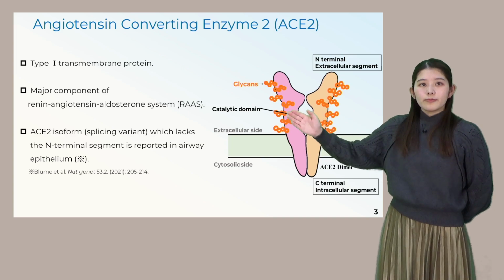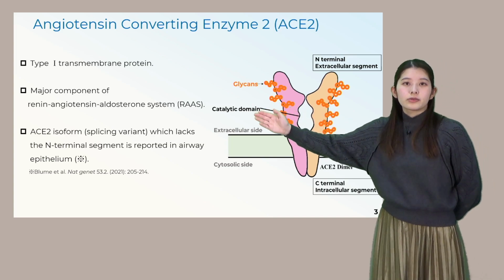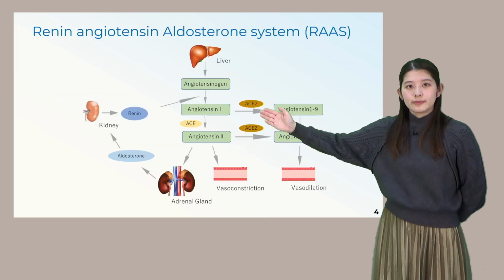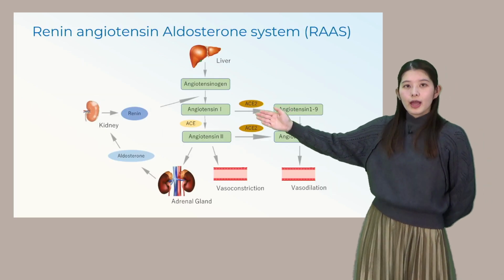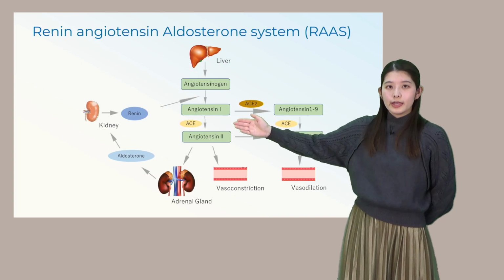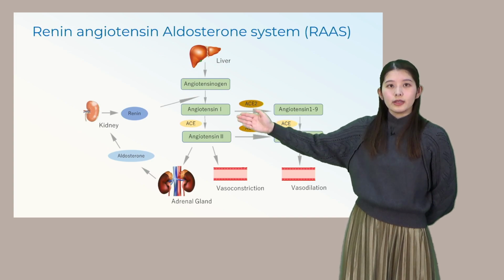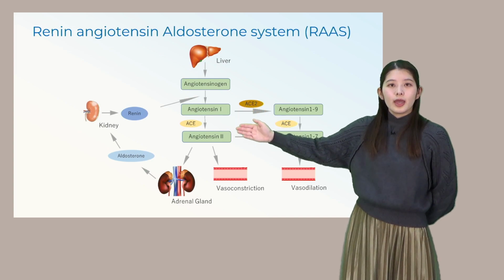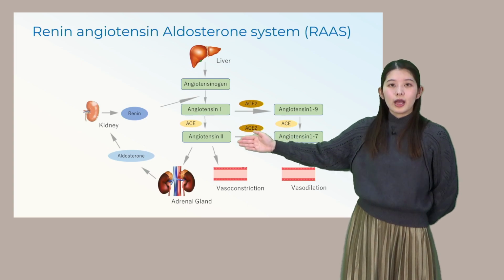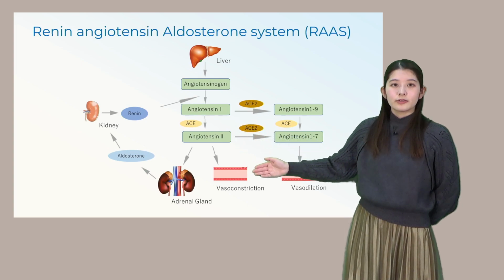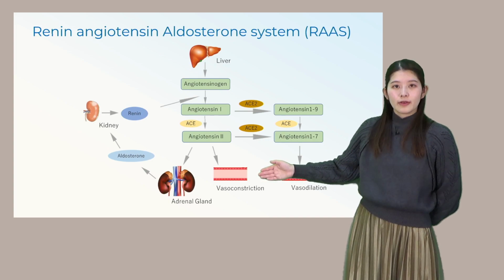ACE2 is a major component of the Renin Angiotensin Aldosterone system, RAAS. In this system, angiotensin converting enzyme, ACE, converts angiotensin 1 into angiotensin 2. And angiotensin 2 binds to the angiotensin receptor that elicits vasoconstriction, proliferation, or hypertrophic effects.